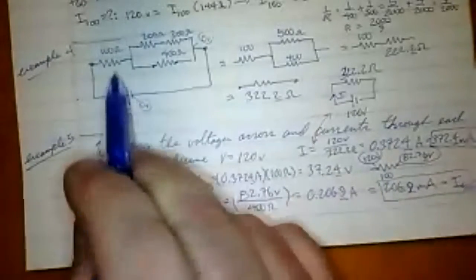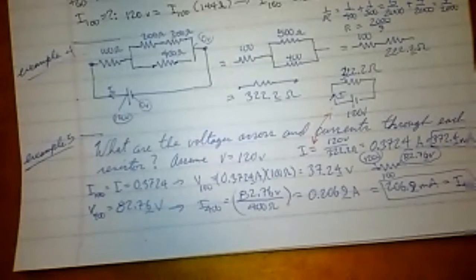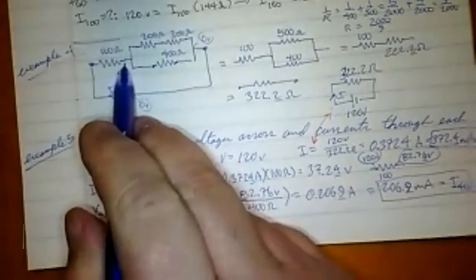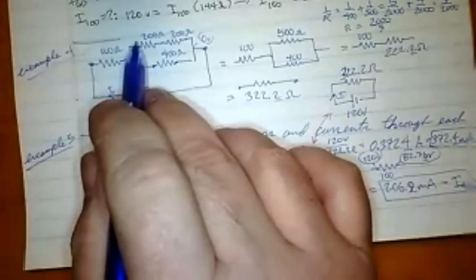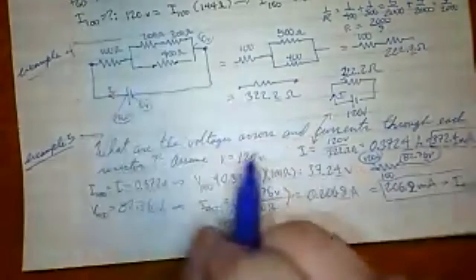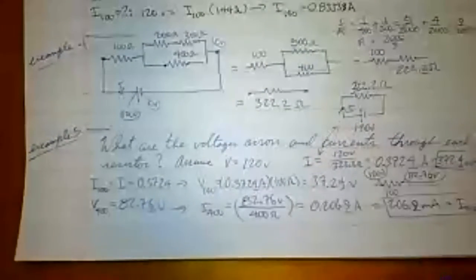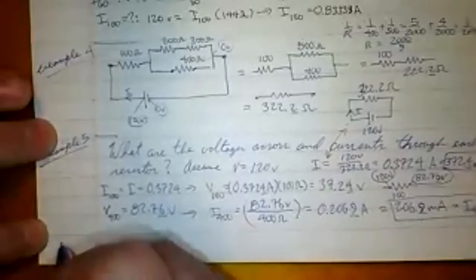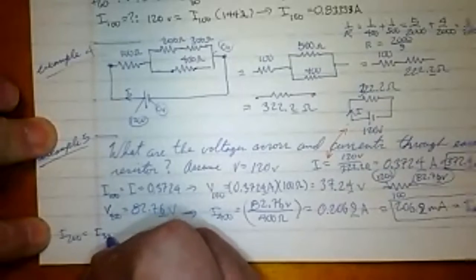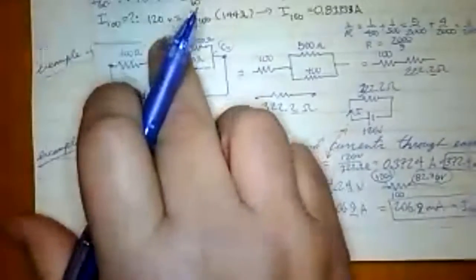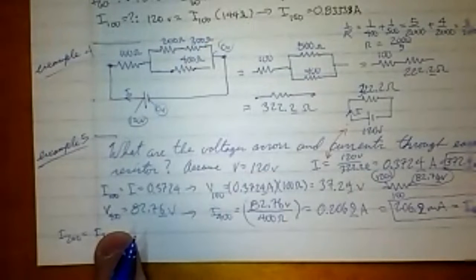Now I also know that 372.4 milliamps went in here and 206 went the bottom way. So I can figure out what went the top way, and that will allow me to determine the voltages of those as well. So I'll do it that way, assuming conservation of charge. So I know that I200 is equal to I300. In other words, the current going through the 200 ohm resistor and the current going through the 300 ohm resistor, they've got to be the same because they're in series.